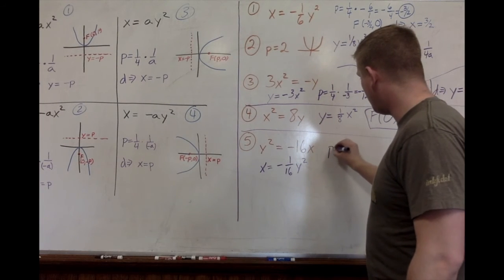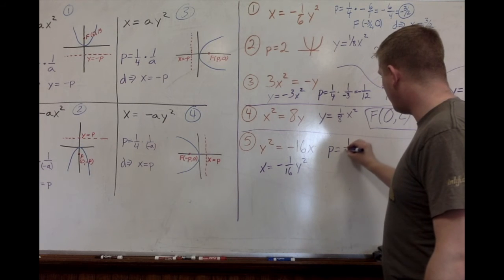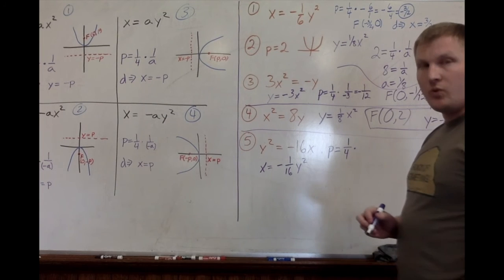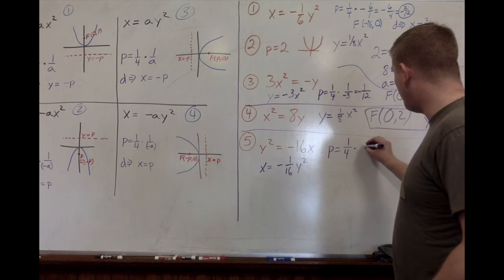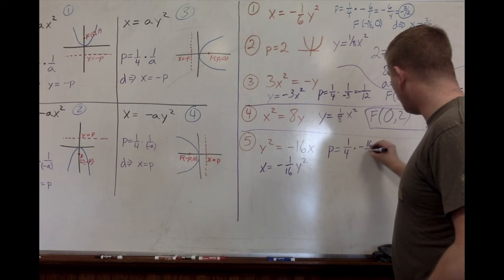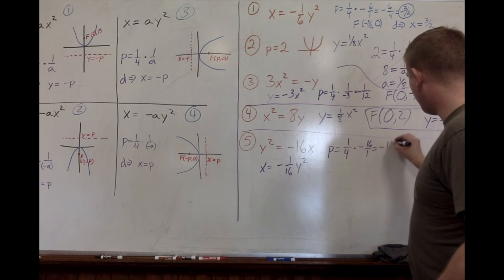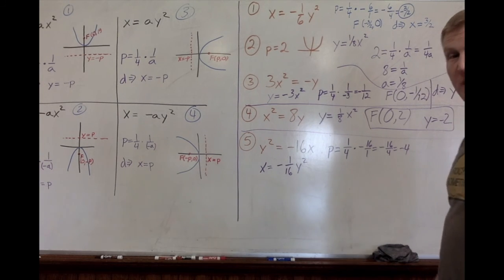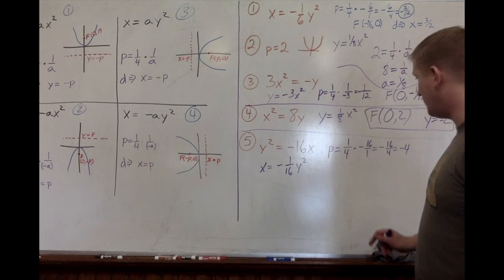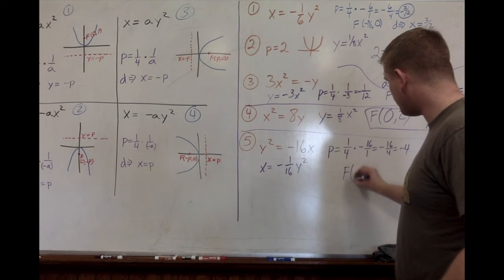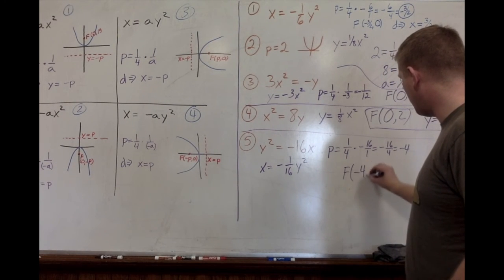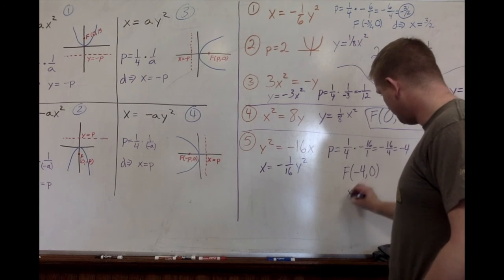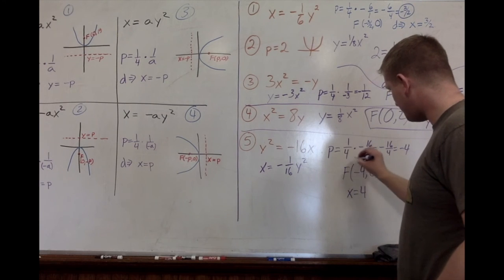So let's find P. P is going to be equal to 1/4 times the reciprocal of A. A is -1/16, which means that the reciprocal is going to be -16/1, which is going to get us -16/4 or -4. So P is -4. Which means that the focus point is going to be -4, 0, and the equation for the directrix is going to be x equals 4.